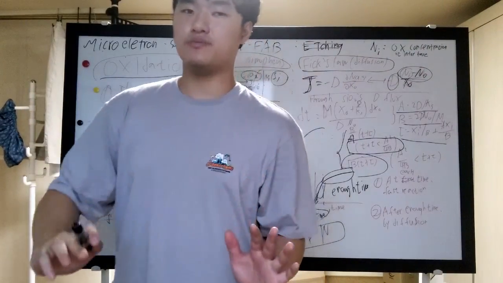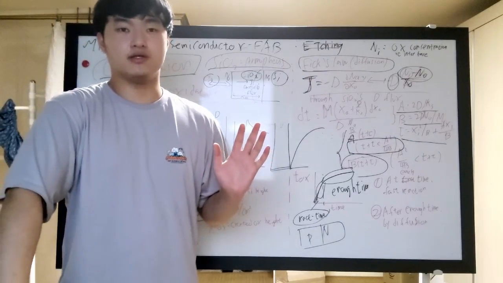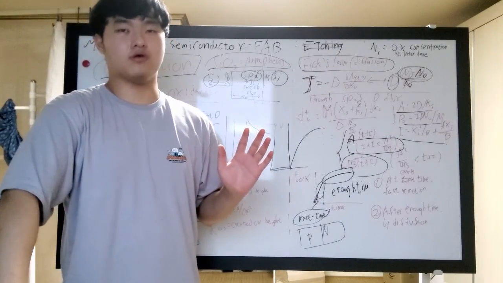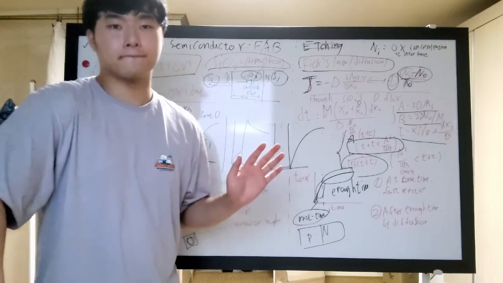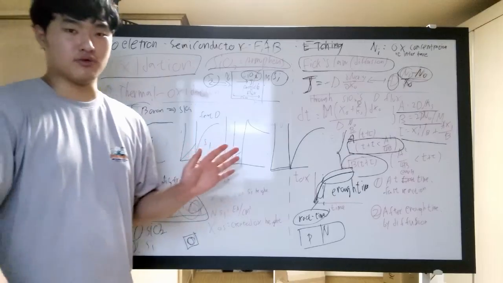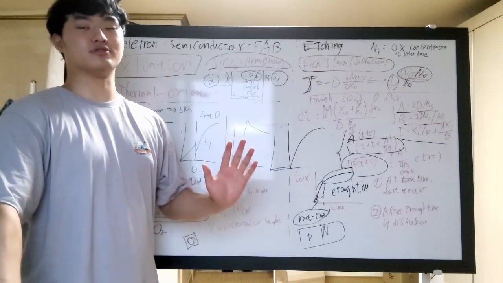Just taking the example that if we make the oxidation process on silicon doped with boron, then the silicon that is doped will have a high density of borons.